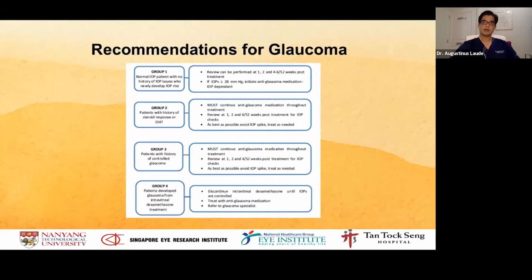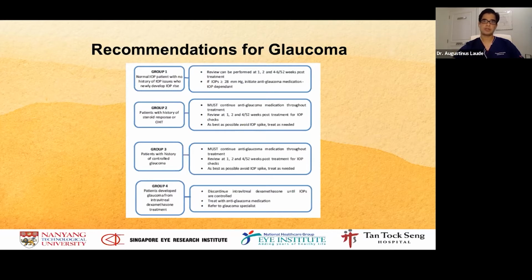However, we all agree that intraocular pressure needs to be actively managed before, during, and after the use of intravitreal dexamethasone. We also believe that patients must continue to use their anti-glaucomatous medications, and they need to be monitored very closely with repeated checks of the pressures.